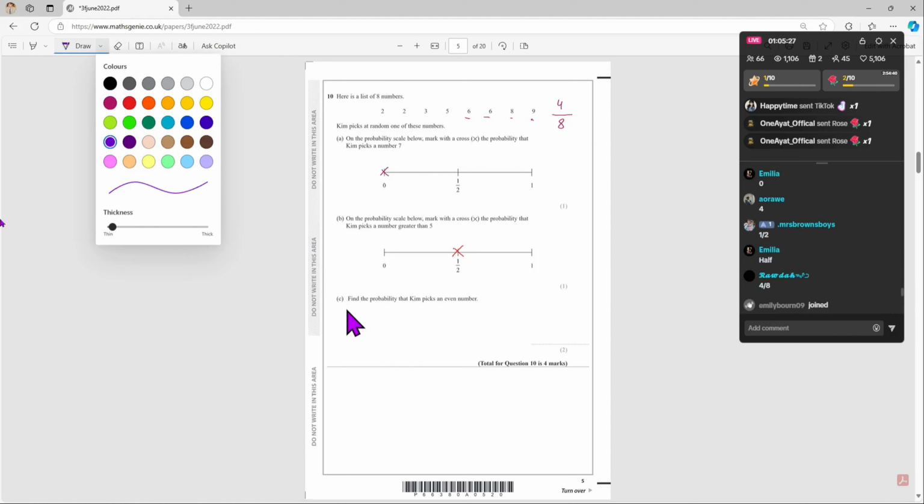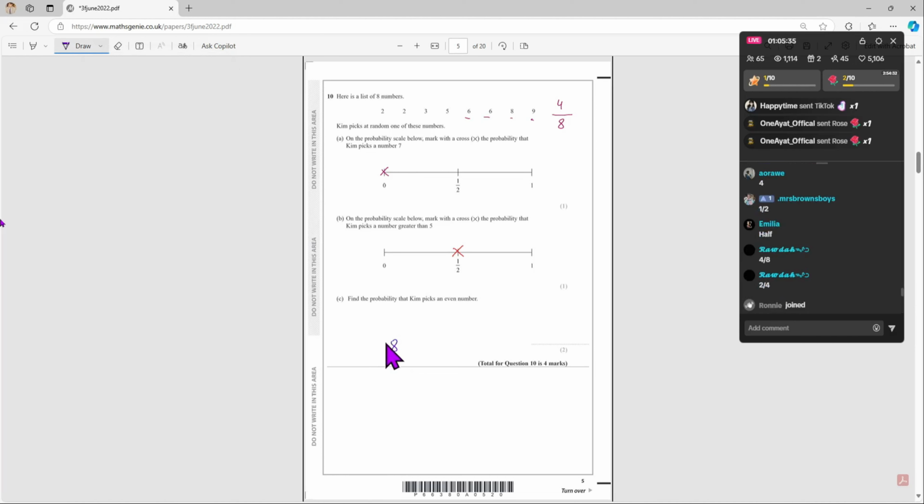And part C of this question: find the probability that Kim picks an even number. So we know that the total is 8 numbers. Now we're going to count how many numbers are even in the list. There's 1, 2, 3, 4, 5. There are 5 even numbers in our list.